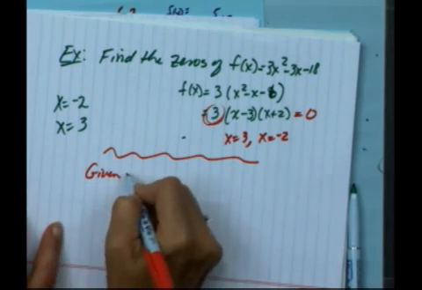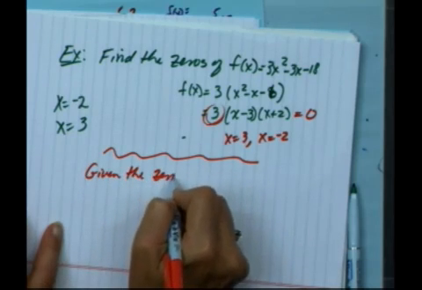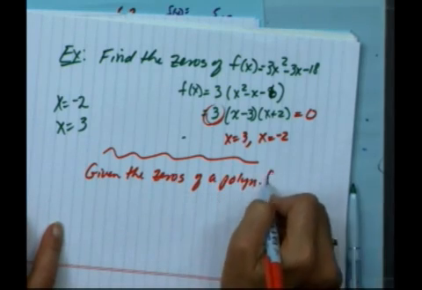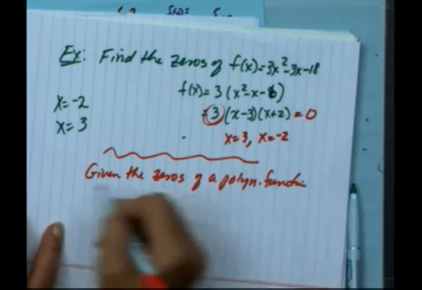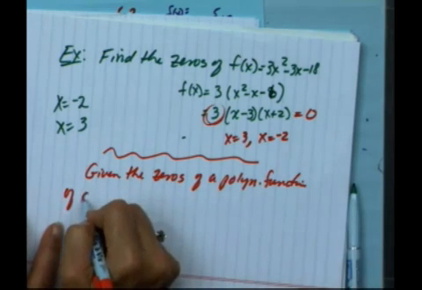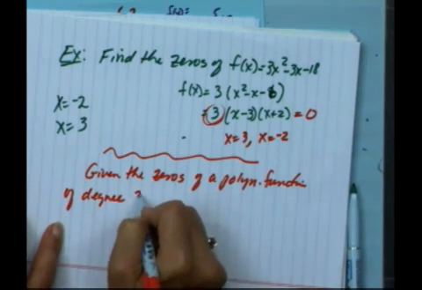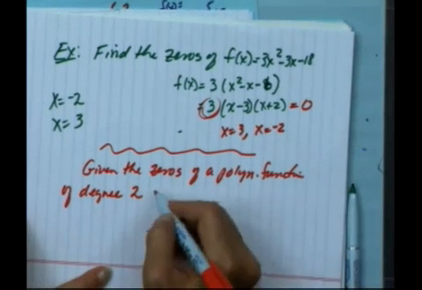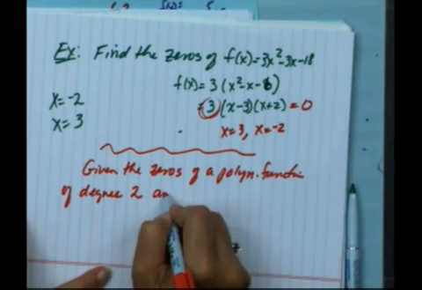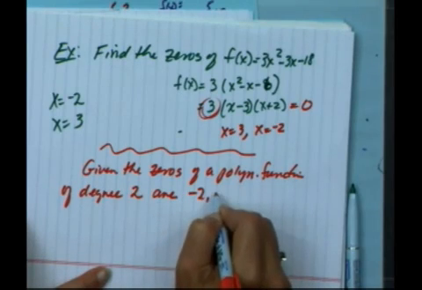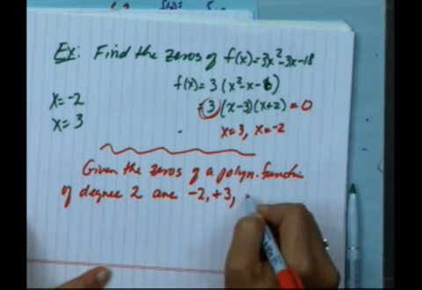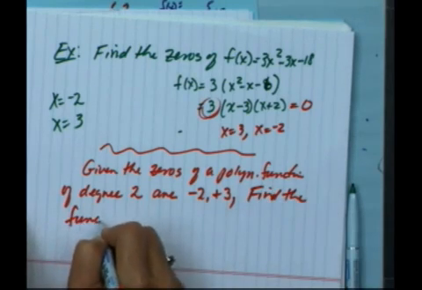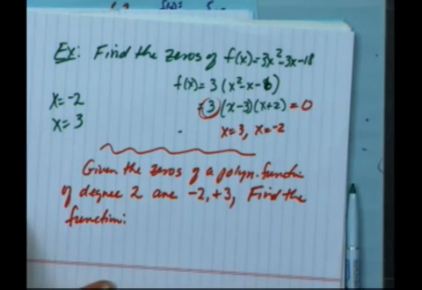Given the zeros of a polynomial function of degree 2, the zeros are -2 and 3, find the function.